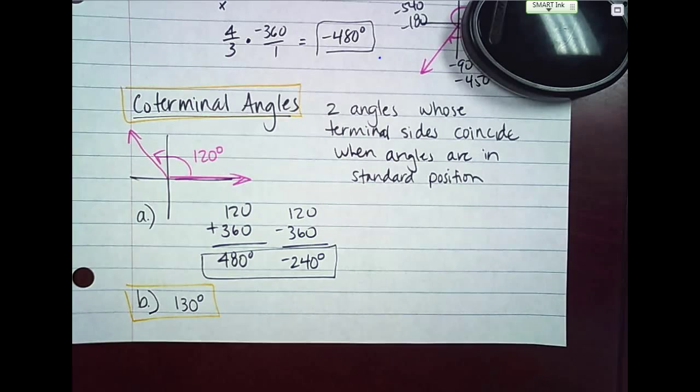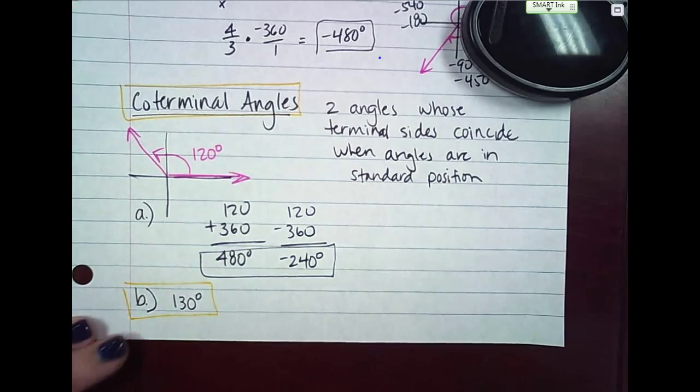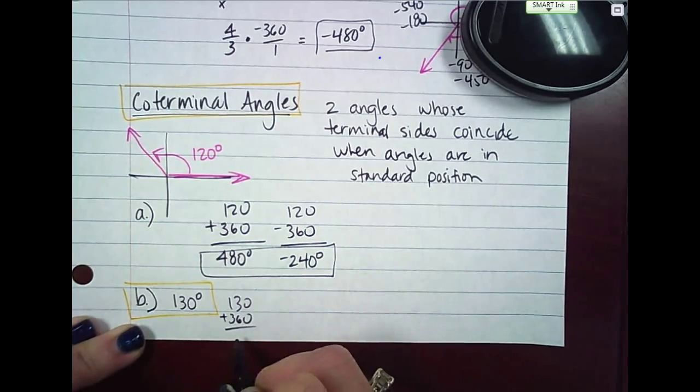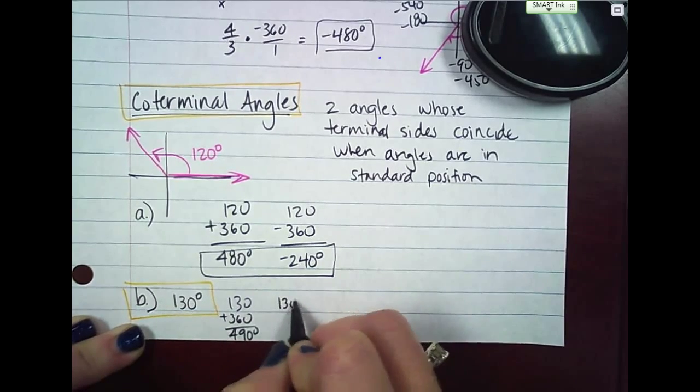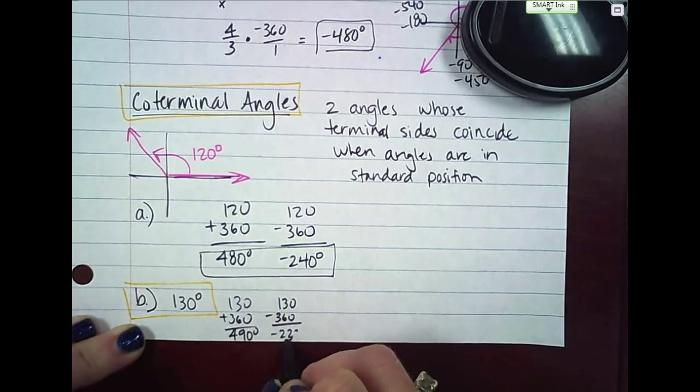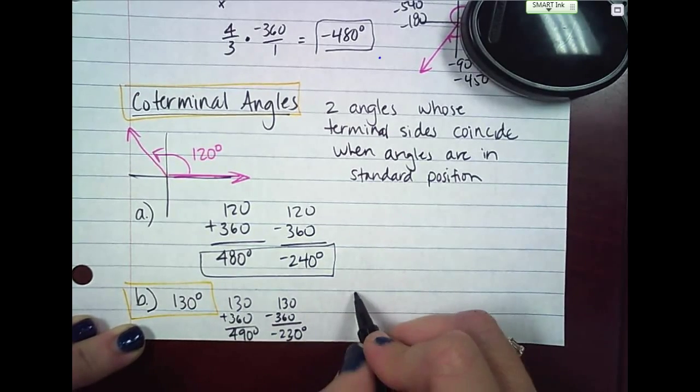And then I'll do 130 what? Minus 360. So that I'll get a positive angle that lands in the same spot and a negative. Coterminal meaning the same. So one was 490. And then 130 minus 360 would be negative 230.